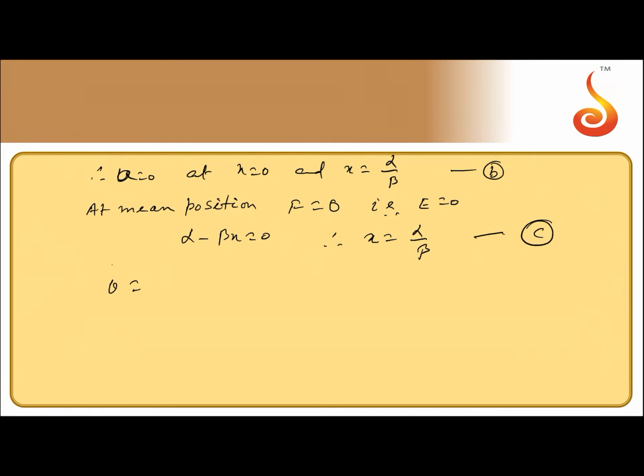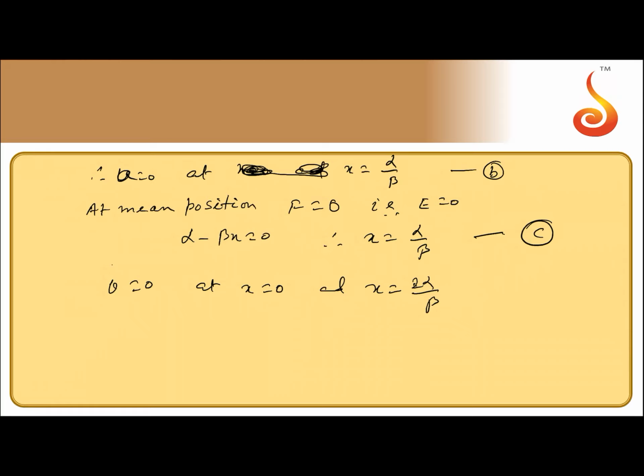Here v is equal to 0 at two positions from our previous calculation, at x is equal to 0 and x is equal to 2 alpha by beta.